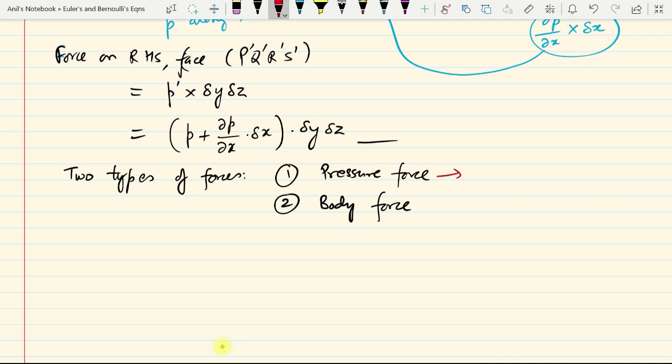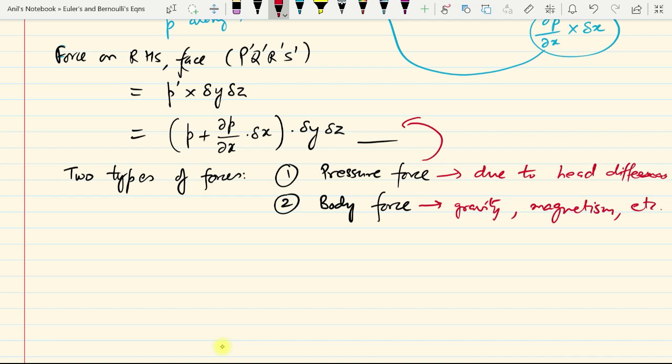Pressure force is due to head differences or due to flowability of liquids, and body force comes from sources such as gravity or magnetism, etc. So in this particular case, pressure force will come from this pressure intensity and body force will come from gravity, or there can be some other sources of body force.